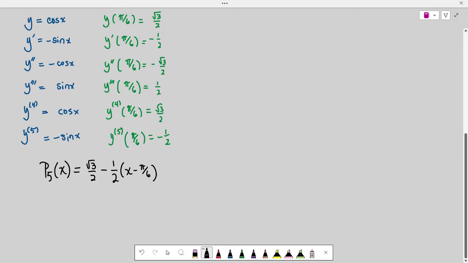So that is your tangent line. Tangent lines never seemed so easy. Now we go to the next term, minus 1/2 divided by 2 factorial times x minus pi divided by 6 all raised to the 2 power.